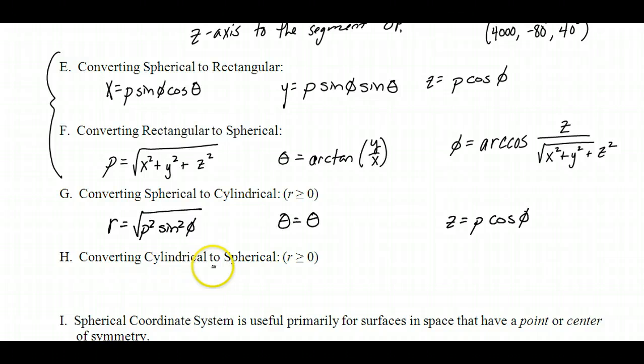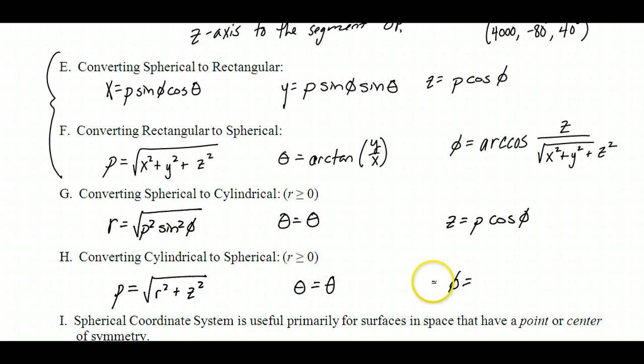And if you convert cylindrical to spherical, you need rho, theta, and phi. Rho is the square root of r squared plus z squared. Theta is nice, theta is just theta.